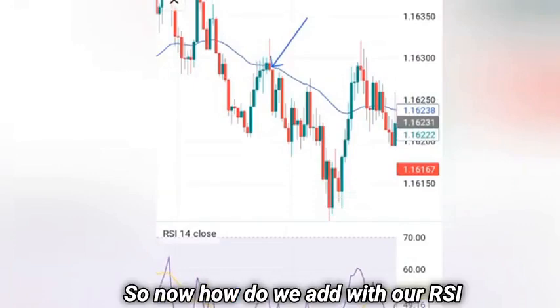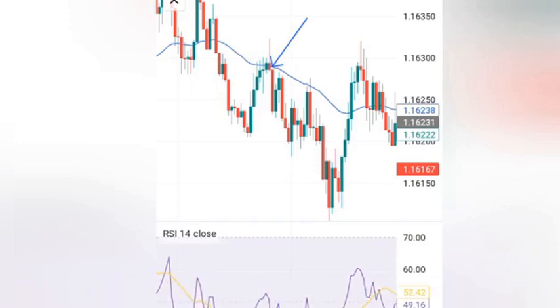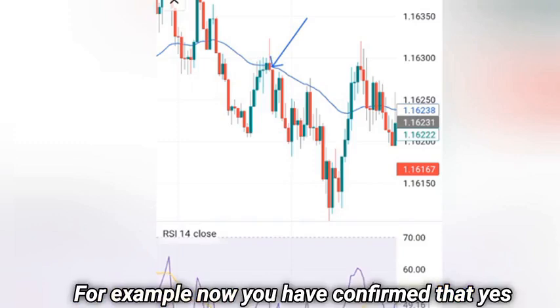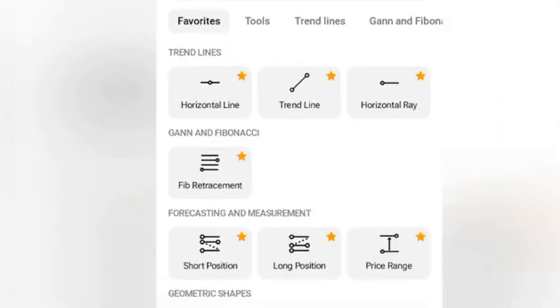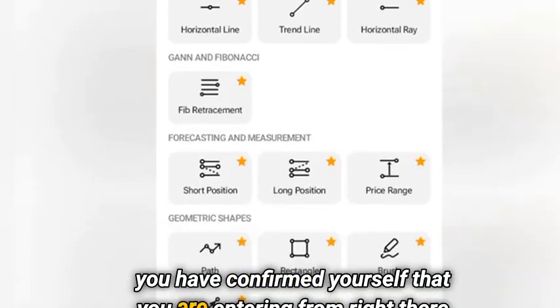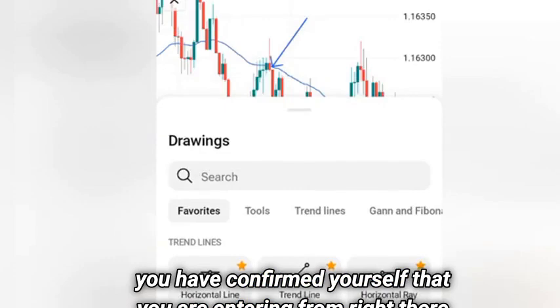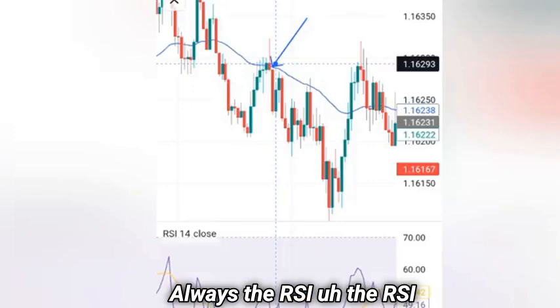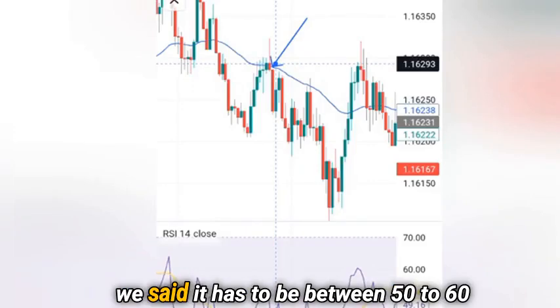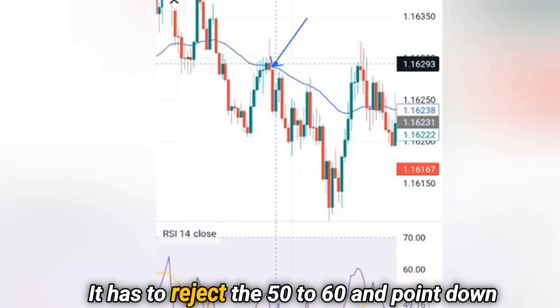Okay. So now how do we add in our RSI? For example, now we have confirmed that you are entering from right there. Always the RSI, we said it has to be between 50 to 60. It has to reject the 50 to 60 and point down.